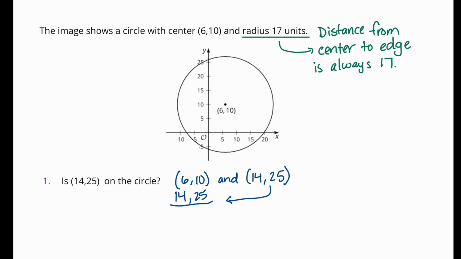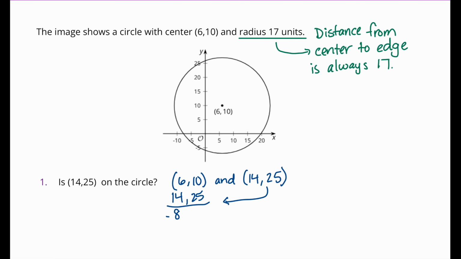Even if we get negative numbers, that's okay. 6 minus 14 gets us negative 8, and 10 minus 25 is negative 15. I would like you to use 8 and 15 and see if that gives you a length of 17 as a distance between the two.